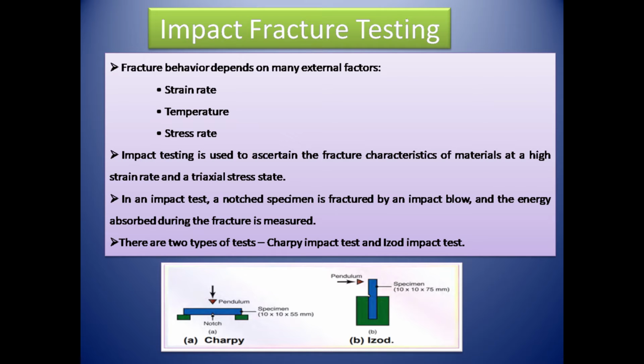In case of the Charpy impact test, the specimen is 10 mm square and 55 mm long, having a V-notch which is 2 mm deep with a 45 degree angle, and the specimen is held horizontally against the pendulum.